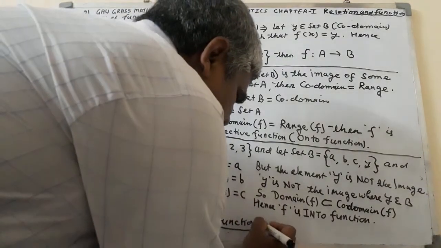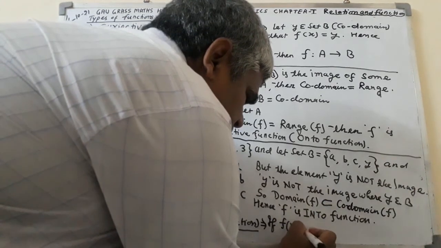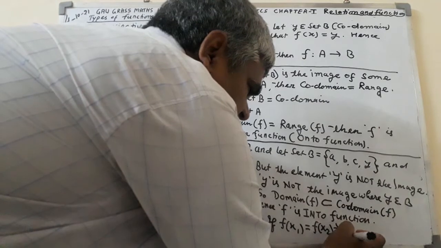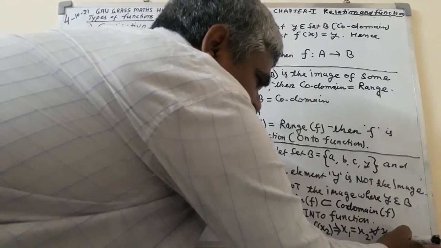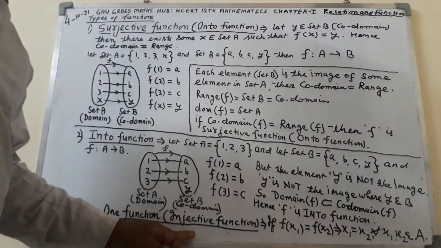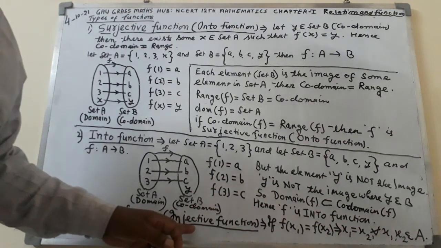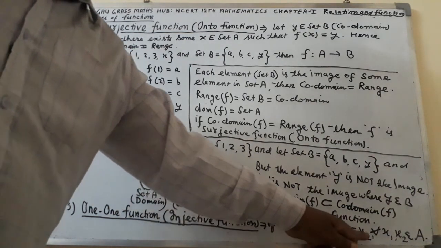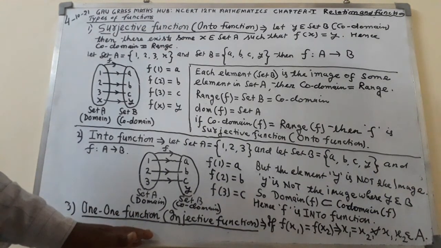The general definition is that if f of x1 is equal to f of x2 implies that x1 is equal to x2, for all x1, x2 belonging to set A. This is the general definition of a one-one function or injective function.